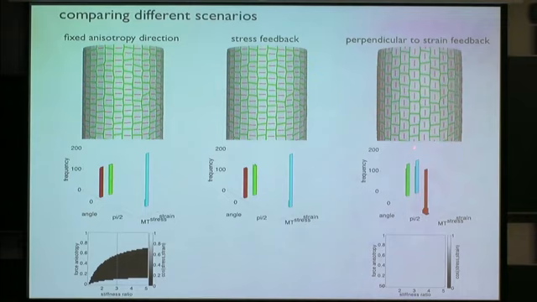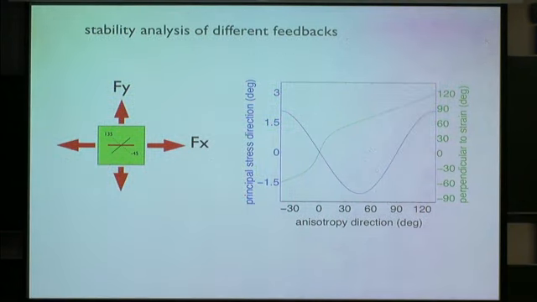So although these two theories can describe this kind of static direction situation, when we turn on the feedback, this assumption fails. And here I have shown why this is so.